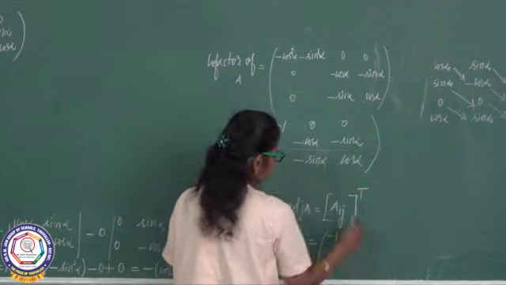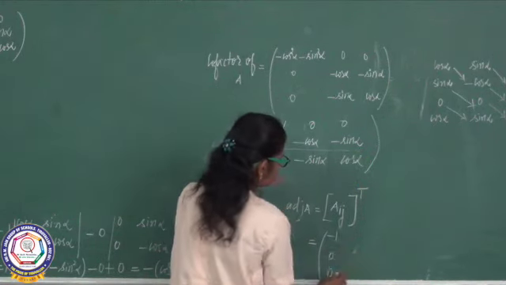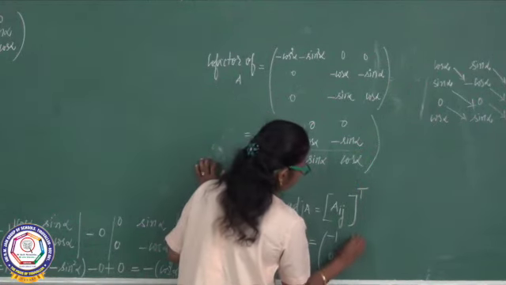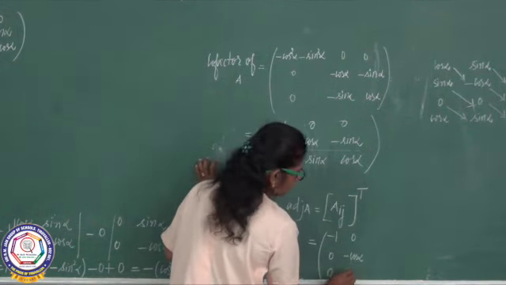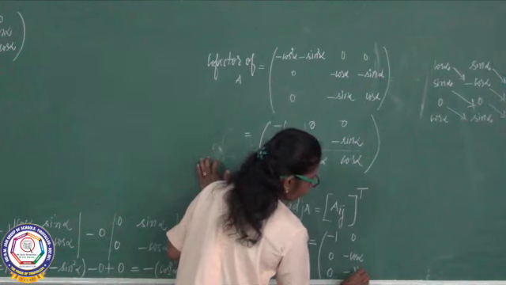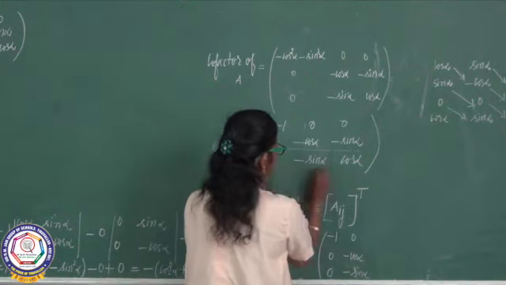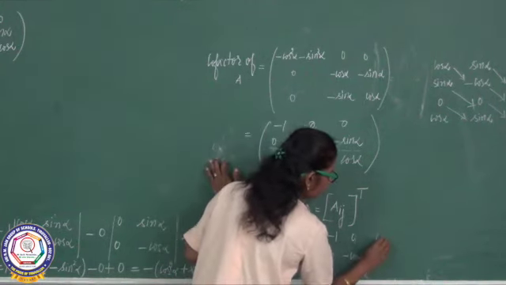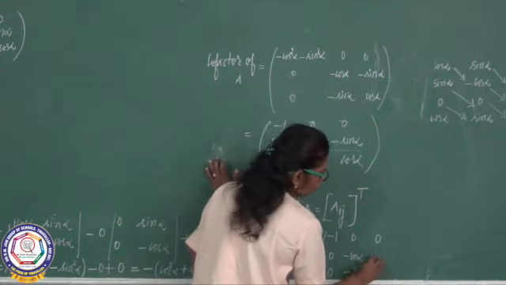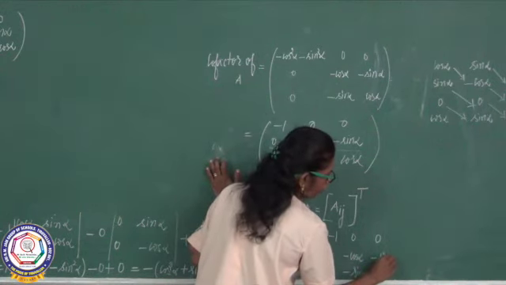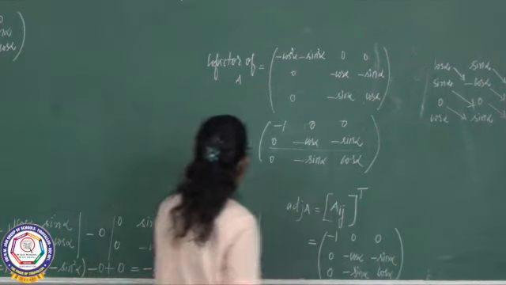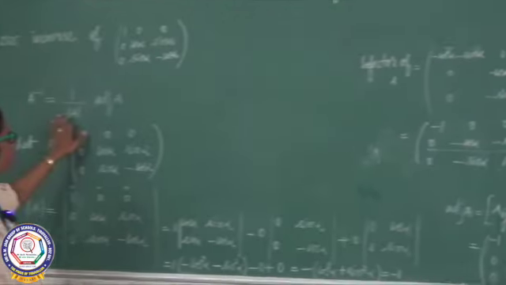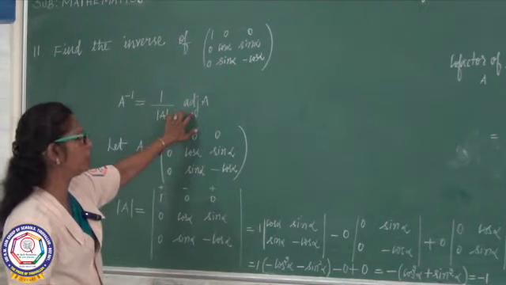The second row you write as a column: 0, minus cos alpha, minus sin alpha. Next, the third row you write as the third column: 0, minus sin alpha, cos alpha. We found the determinant A and the adjoint of A.